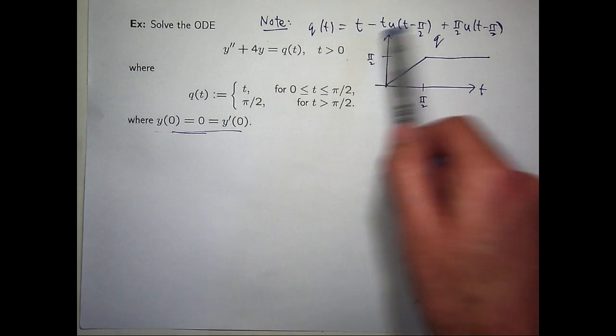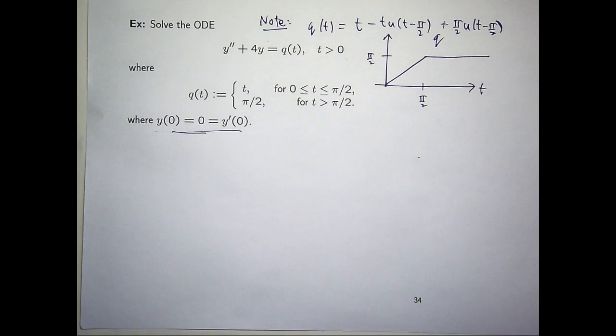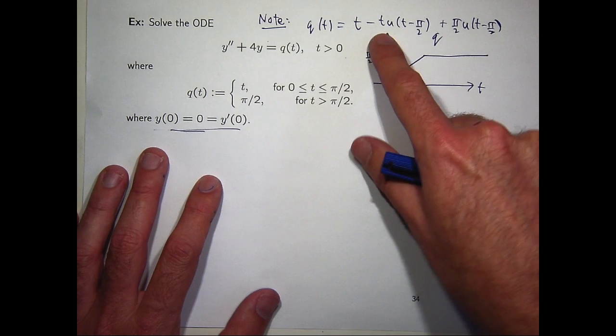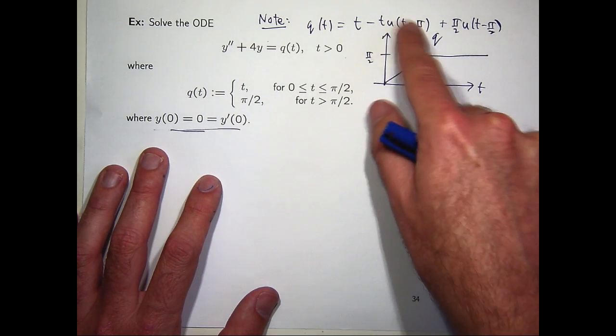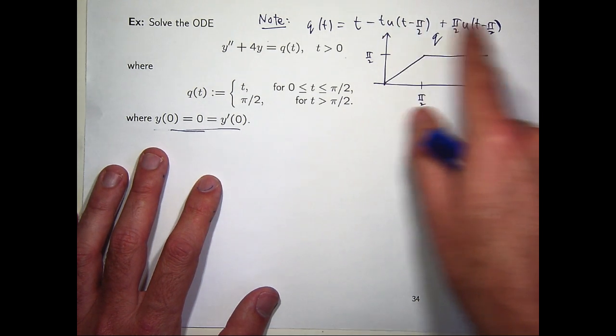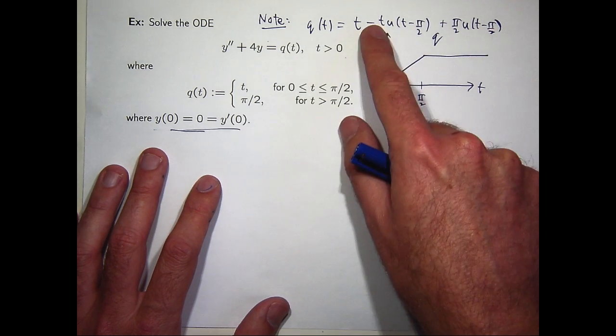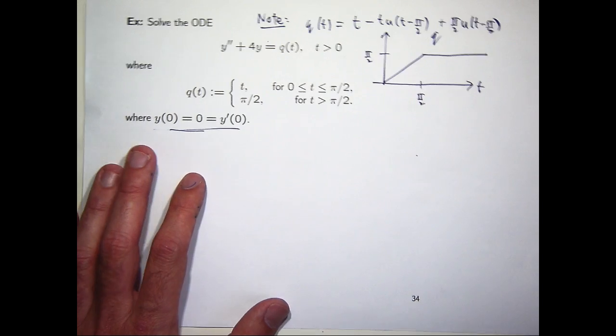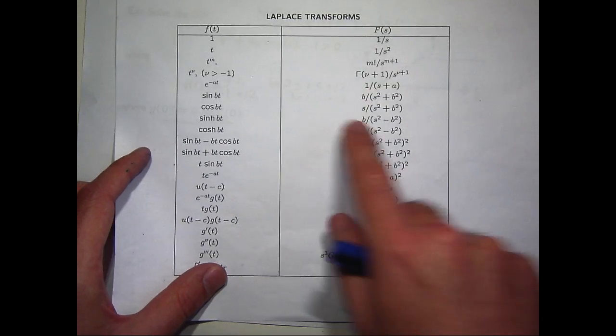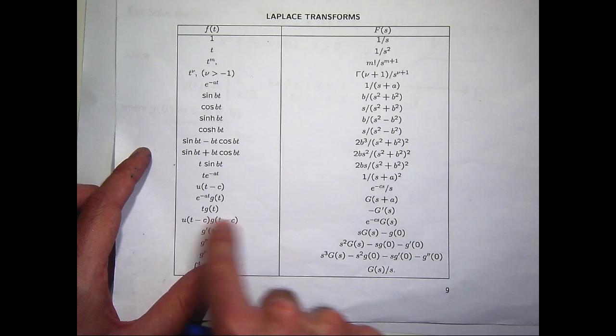Okay, well, actually that form is going to be pretty nice. You can see that I've got a common factor here of this Heaviside step function, and if I factor them in the right way, I can end up with a t minus pi on 2. That form there.